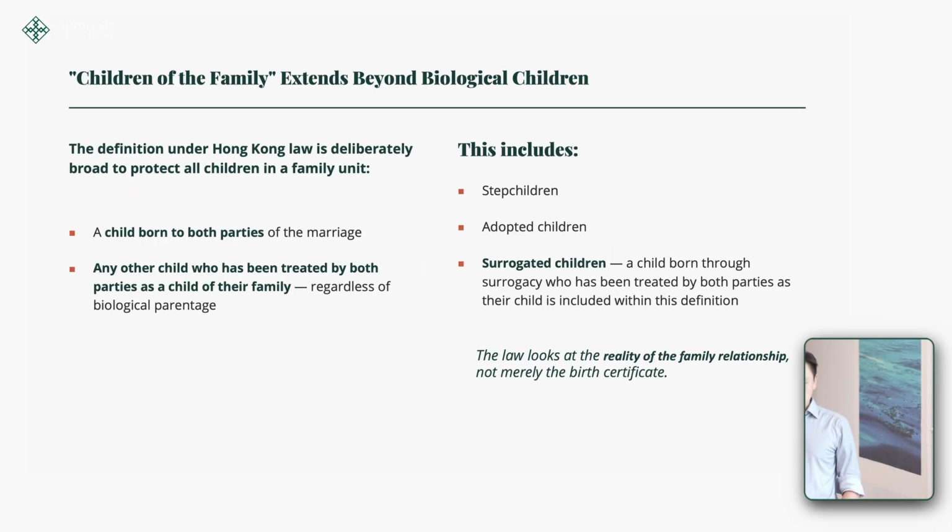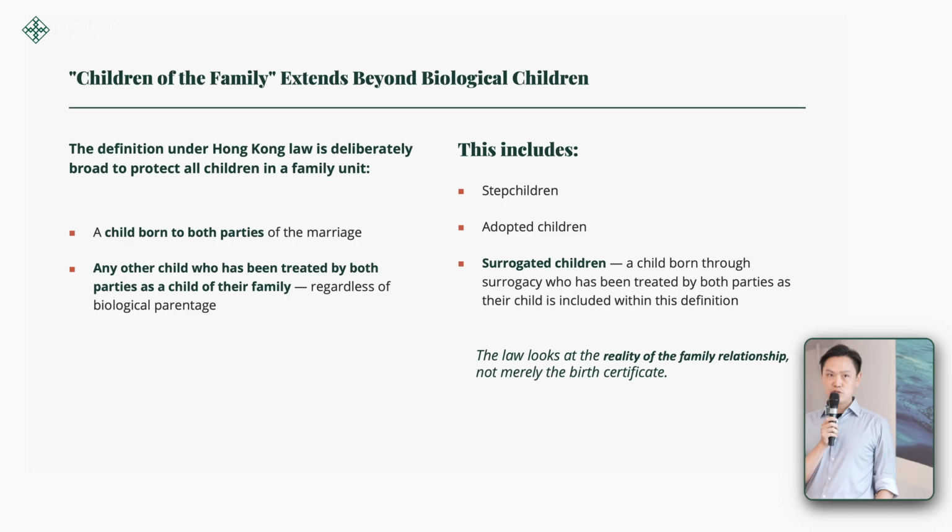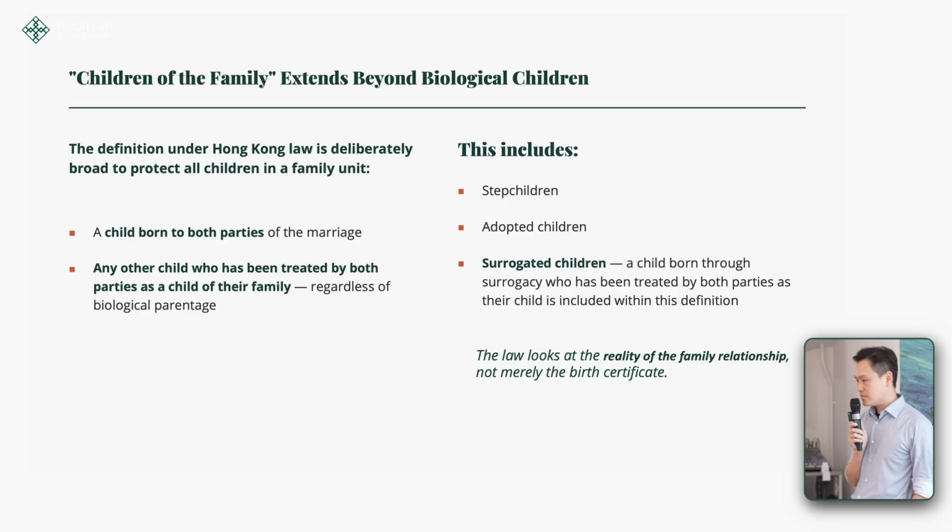This is a rather unique feature in divorce law, that we are not only talking about biological children. The definition of children of the family extends beyond a child born to both parties and extends to any other child who has been treated by both parties as a child of the family.